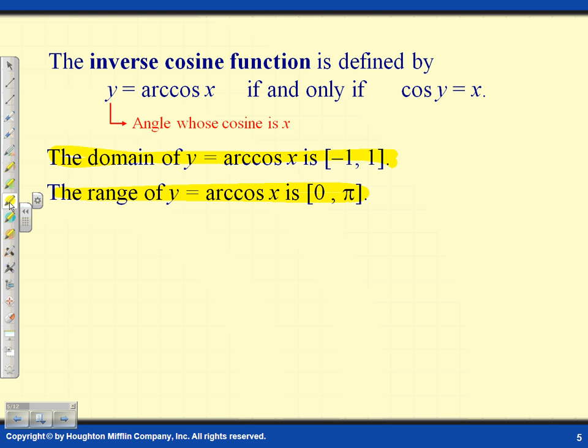I would go back to your sine graph and I would highlight that so it's easy for you to find. That's on page 5 for cosine. And for sine, it's going to be on page 3. I would highlight that, domain and range. I would highlight page 3, domain and range of the arc sine, and then page 5, the domain and range of the arc cosine.